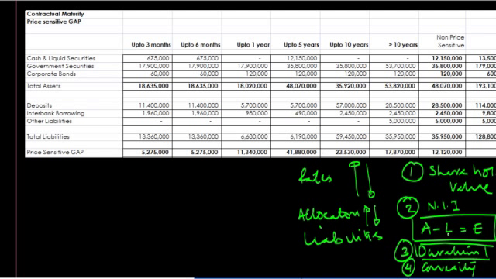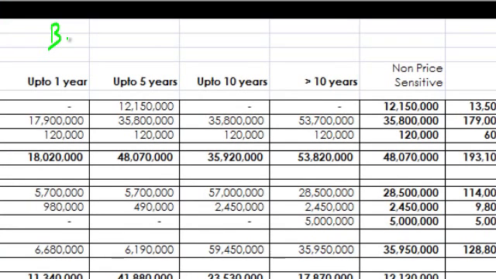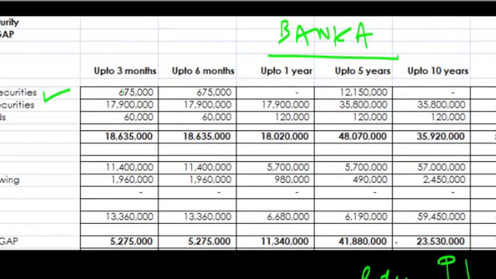Okay, so what we have in front of us is a simple template of a report, which is a basic fundamental building block of an ALM system. In this specific case, let's call this bank A. Bank A has an interesting profile in the sense that we've broken down bank A's cash and liquid securities into tenors or maturities.